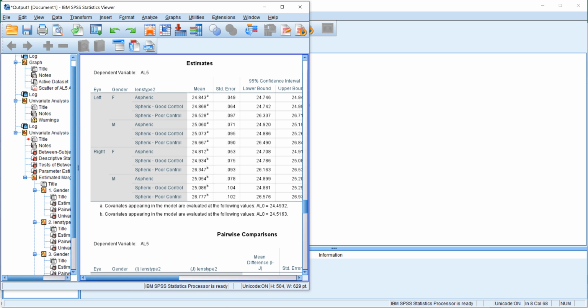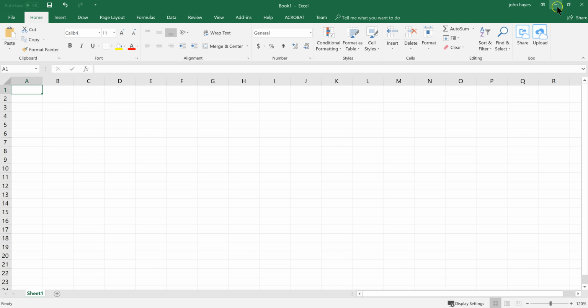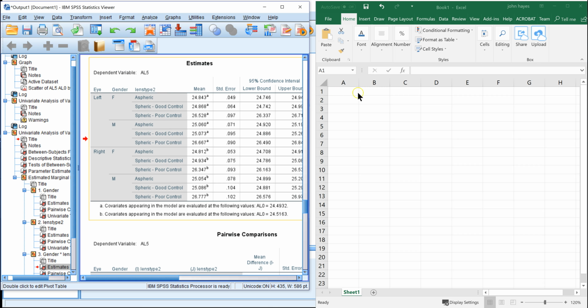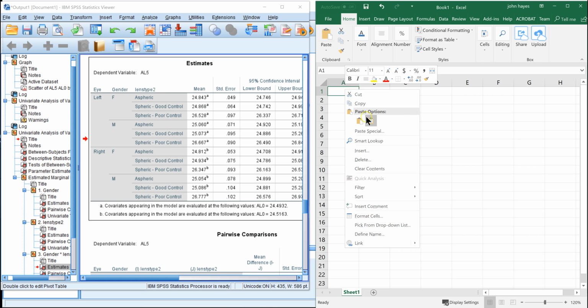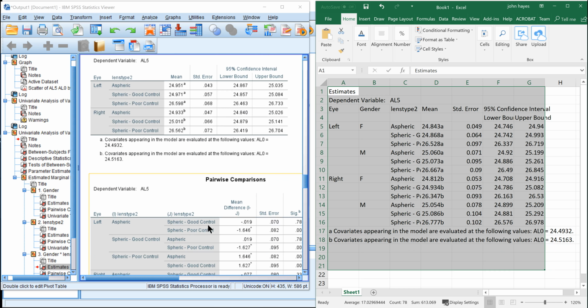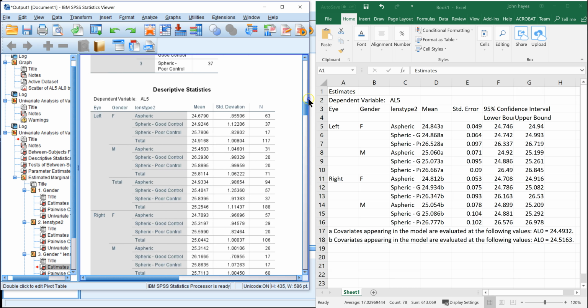So I'm going to bring in an Excel spreadsheet, and then I'm going to copy some values. So let's, for the heck of it, put the estimates over here. This way we have our 24 value without having to look it up again.